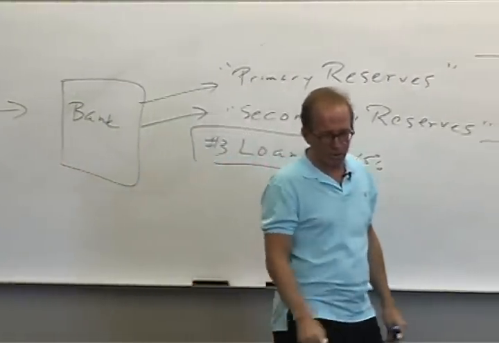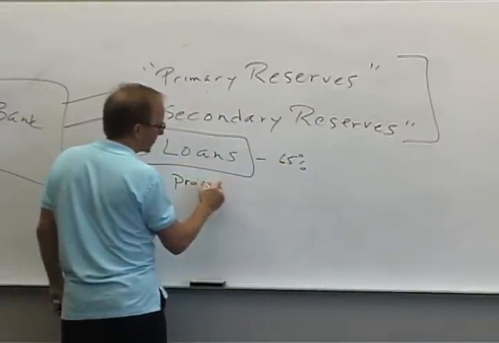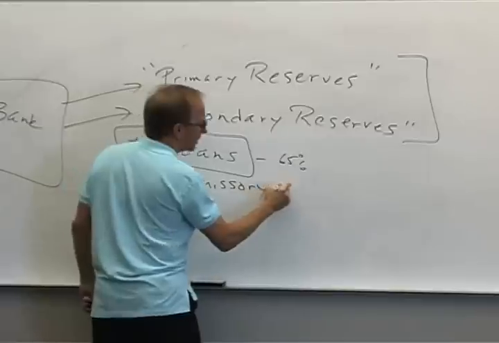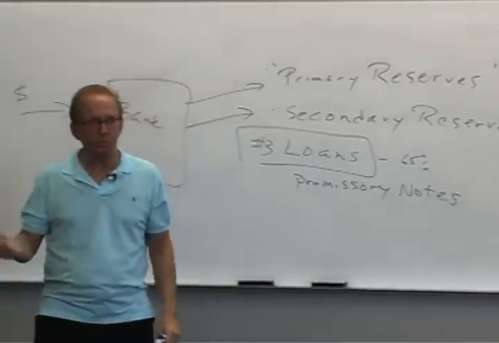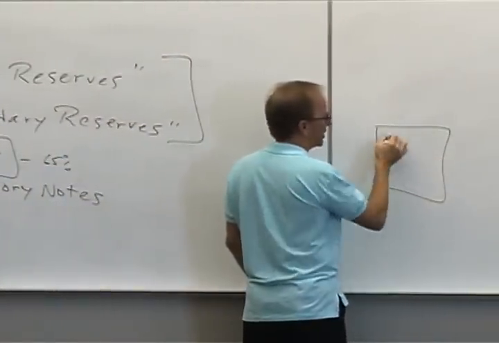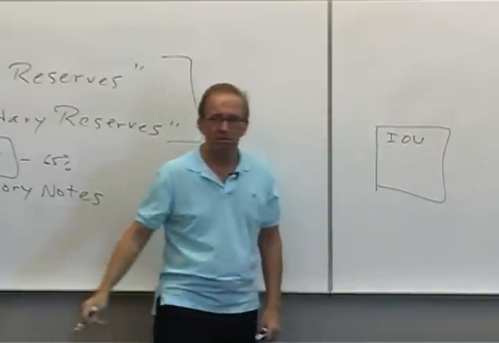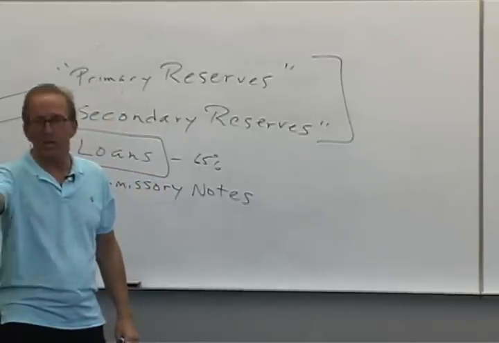Let's talk about loans just in general terms. Loans are promissory notes. What does that mean? Technically speaking, a loan is not an IOU. That's easy to say, IOU, but that is not what a loan is. An IOU says, I owe you money.